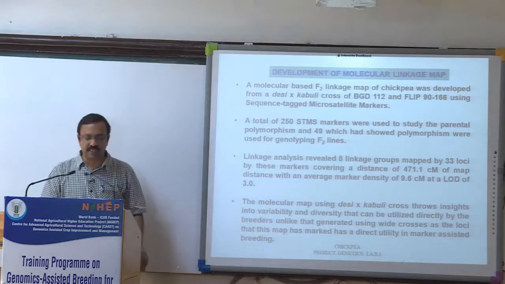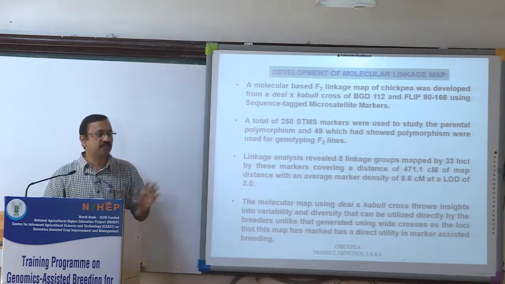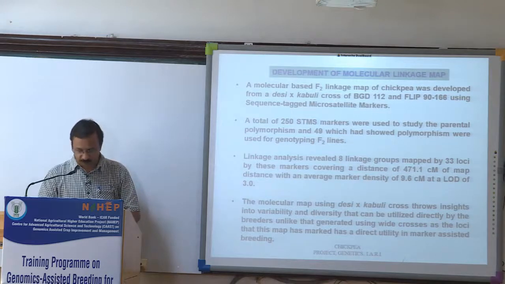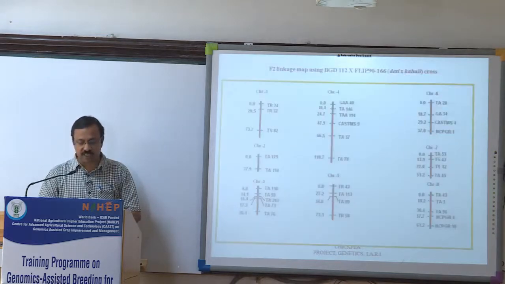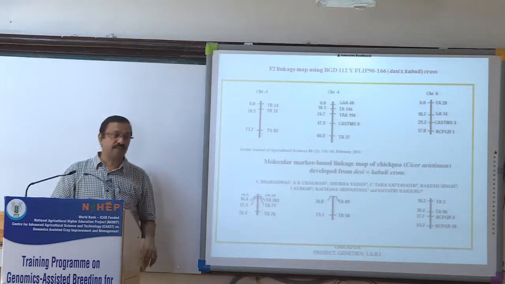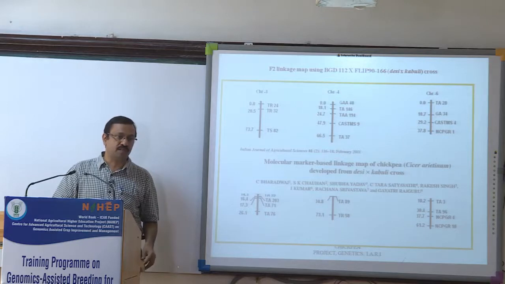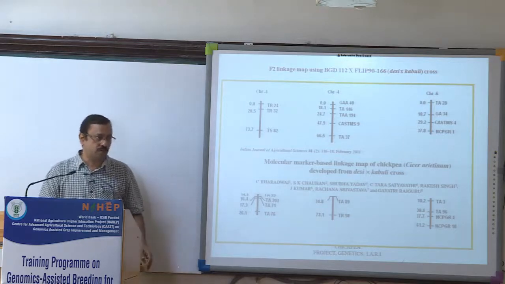Therefore, what we started is trying to develop a linkage map using cultivated into cultivated crosses. We published this map in the Indian Journal of Agricultural Sciences, and this is only the second map published in the world. The first was Cobos et al.